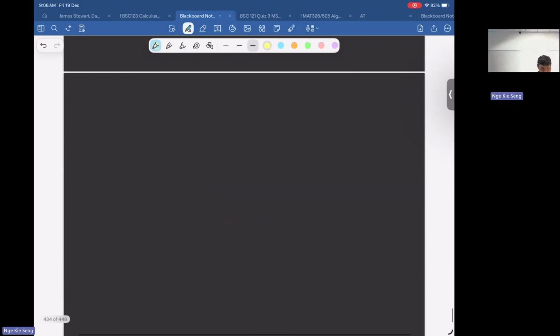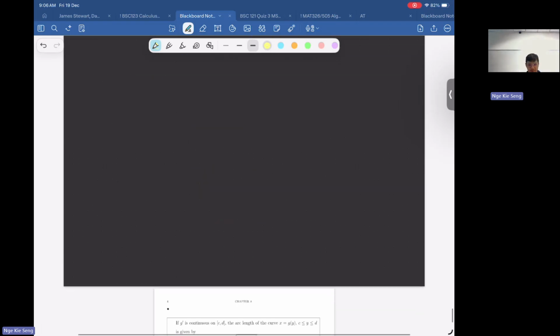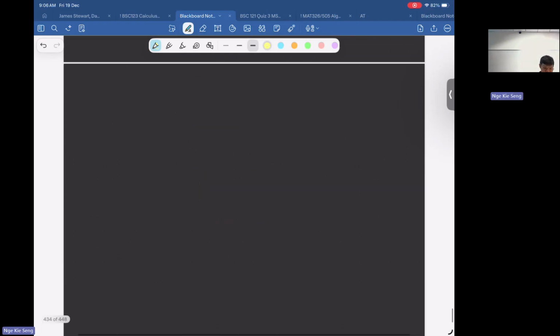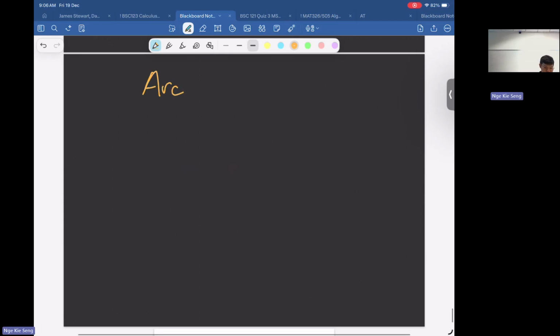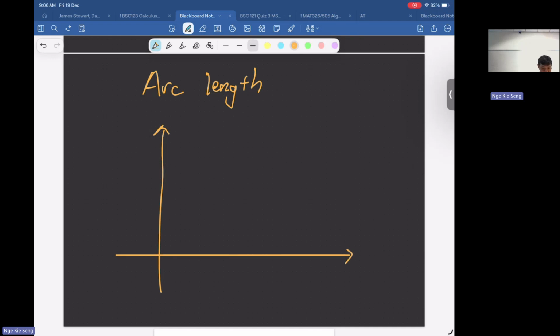Okay. So let's continue from last time. Last time we were studying the arc length. Basically you have a function that draws a curve, and we try to approximate it using a little straight line here.